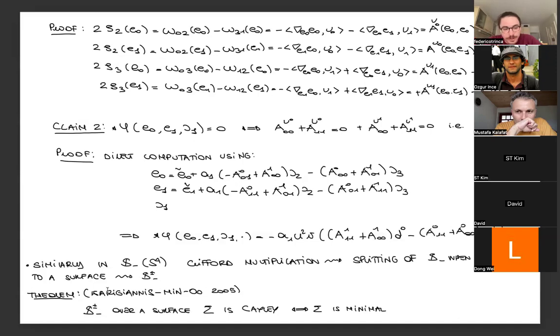The definition of these spaces doesn't really matter, but what is important is that in a similar way, you can prove that such a surface is Cayley if and only if the base surface is minimal. So once again, if you pick your favorite minimal surface of S4, you can construct Cayleys out of it. I guess this gives you an additional motivation to study minimal surfaces in spheres, so the topic of Jesse's talks.